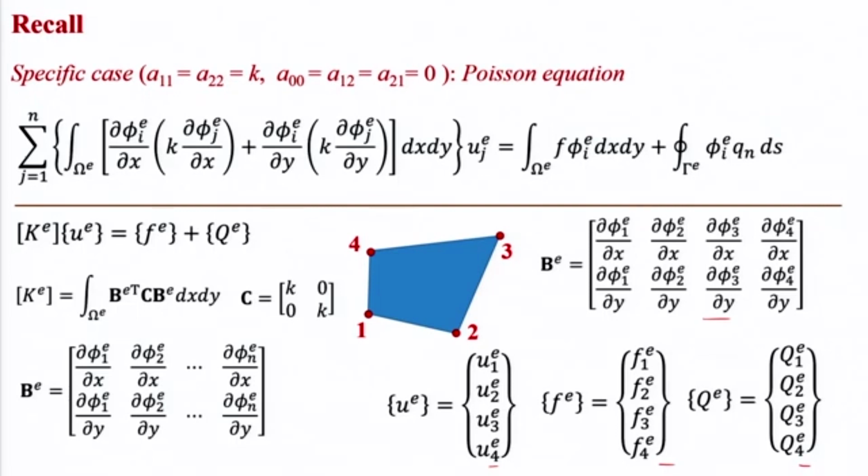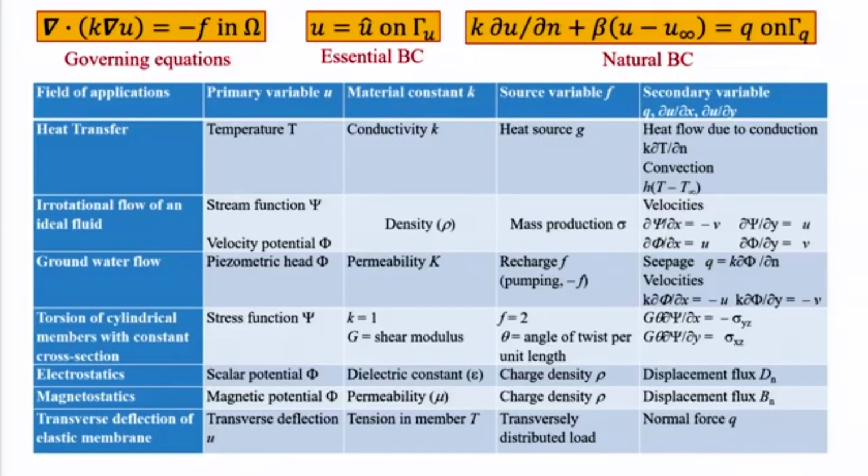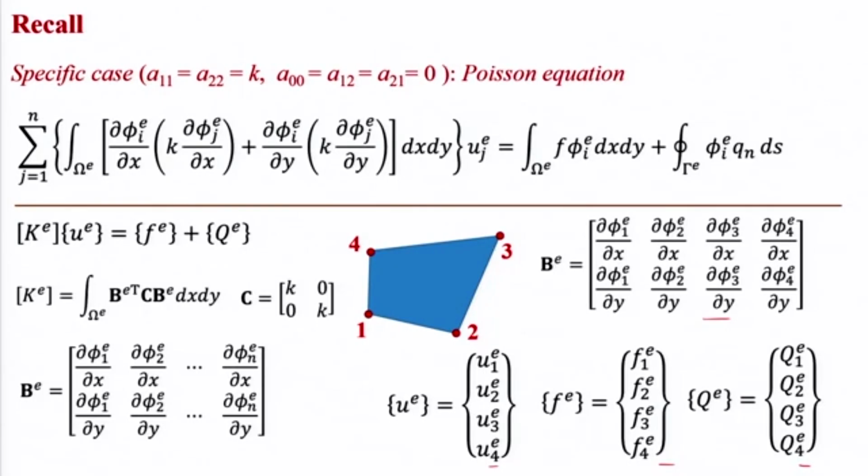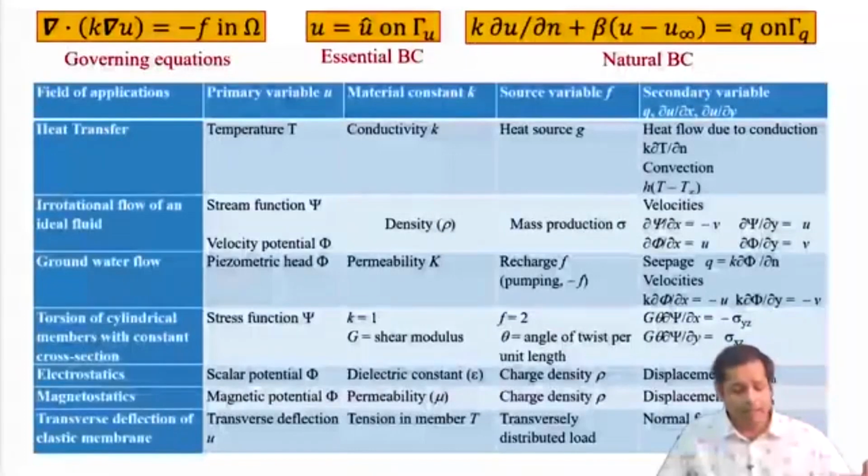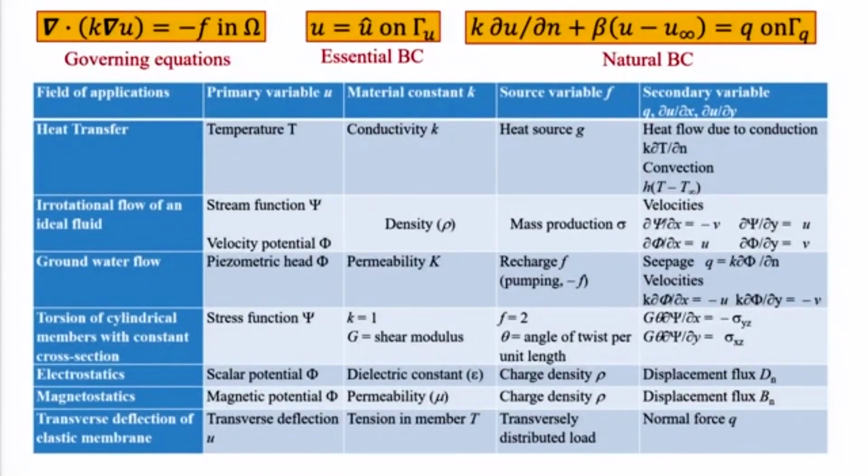Now, if you recall, Poisson's equation can represent a variety of physical processes, and in the last class we gave a list of some of the phenomena that can be described through Poisson's equation.